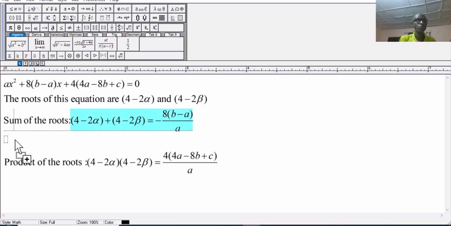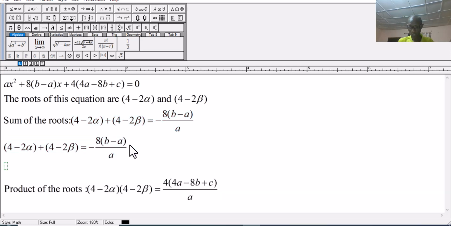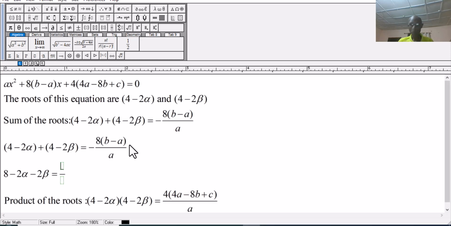This will give us 8 minus 2 alpha minus 2 beta equals minus 8 into b minus a over a.